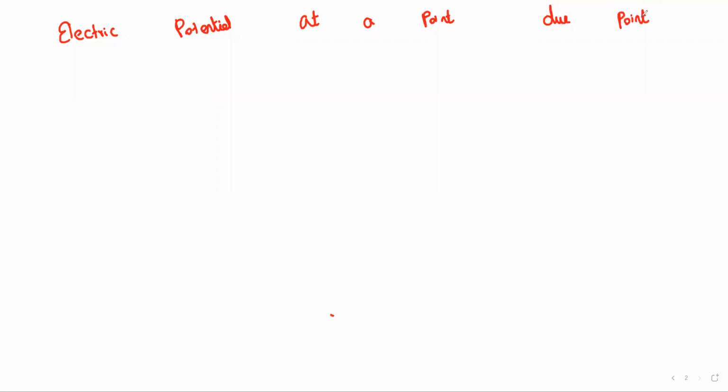So we're going to derive the formula for electric potential at a particular point due to a point charge.